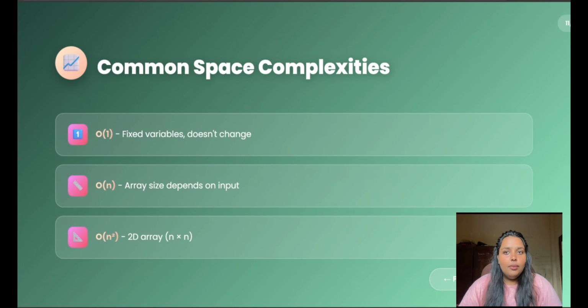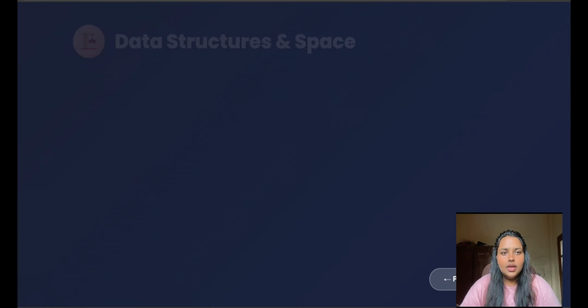The most common space complexities you will see are constant space, linear space, and quadratic space. Constant space means memory usage does not change with input size. Linear space means memory grows proportionally with input size. Quadratic space usually appears when we use two-dimensional data structures like matrices.